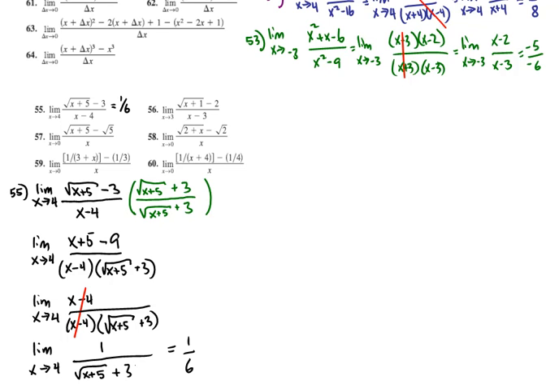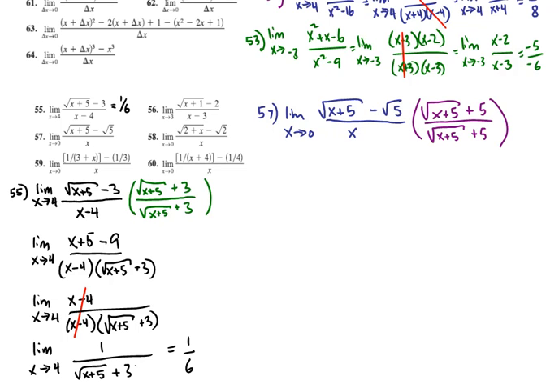Alright, number 57. We have the limit as x approaches 0 of square root of x plus 5 minus the square root of 5 over x. Again, direct substitution doesn't work. Factoring doesn't work. We see the radical expression, so we're going to multiply by the conjugate. And that would be top and bottom by square root of x plus 5 plus square root of 5.